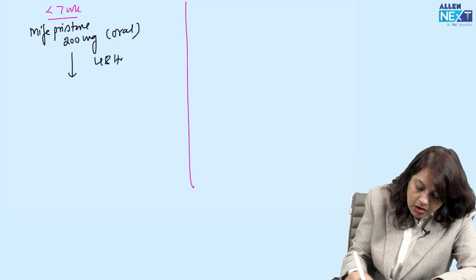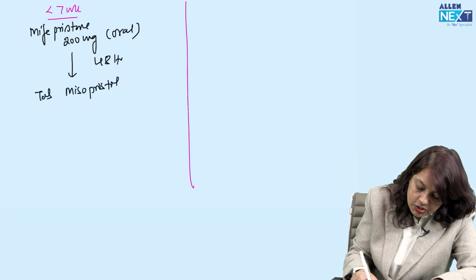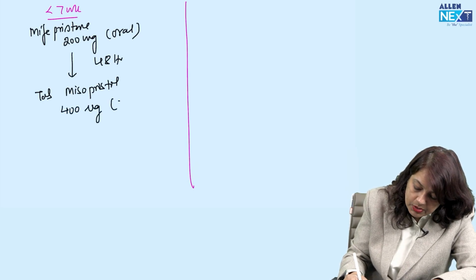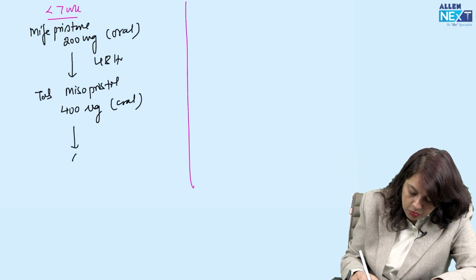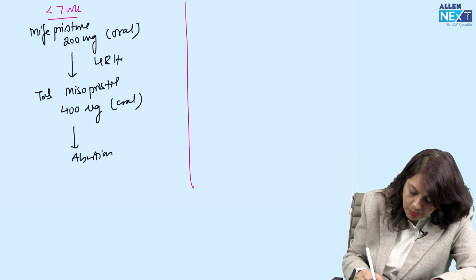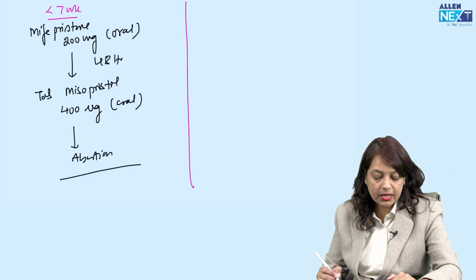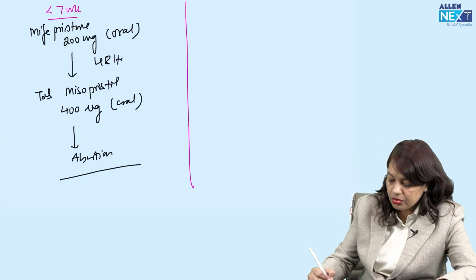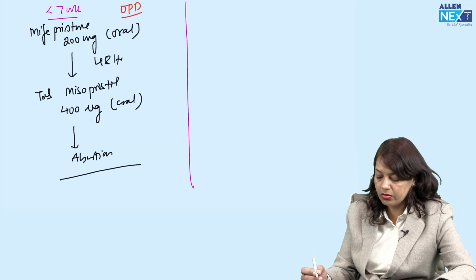After 48 hours, it is tablet misoprostol which is given, that is 400 micrograms. Remember, oral, and this is followed by abortion in about 1 week. So if less than 7 weeks of pregnancy, this is the regimen which is used, and you don't have to admit the patient. It is an OPD regimen.